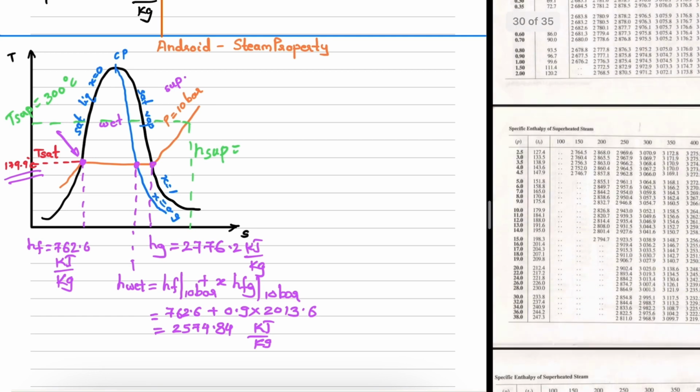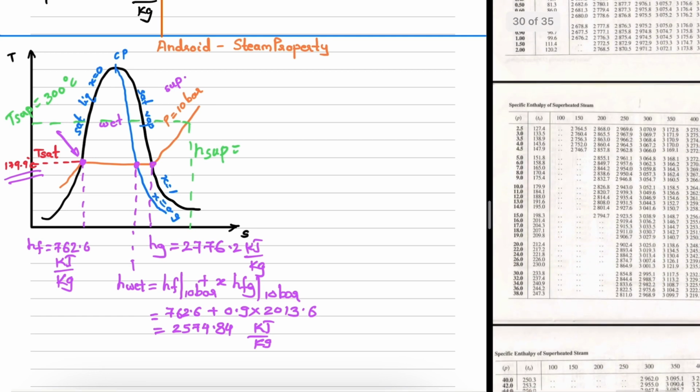Locate pressure 10 bar. For 10 bar pressure and 300 degrees Celsius, the enthalpy H sup value is 3052.1 kilojoule per kg.